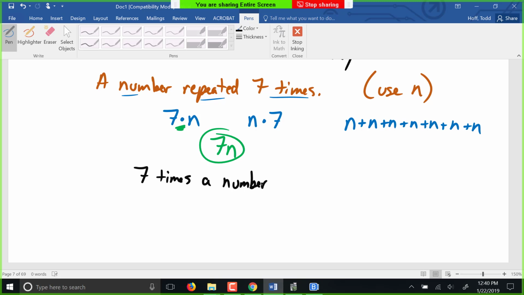For addition, we had the sum. For subtraction, we had the difference. Does anybody know the equivalent word for the name for the result of a multiplication? Product. Seven of a number, that can work.